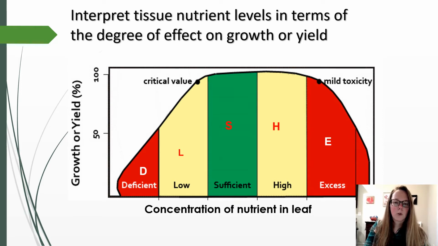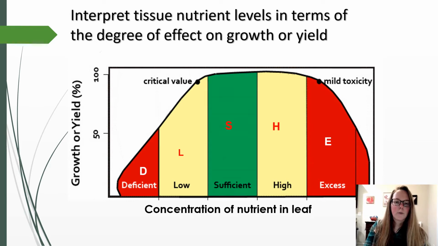In the hypothetical response curve shown below, you can see that nutrient concentrations are considered deficient when they produce growth or yield that is around 50% or less of the maximum growth or yield. A concentration is considered low if it produces growth or yield that is around 50 to 95% of the maximum.